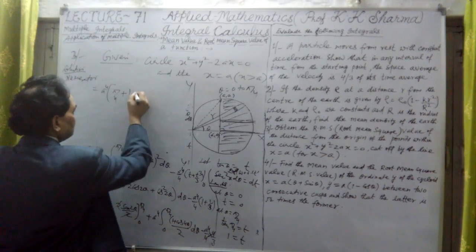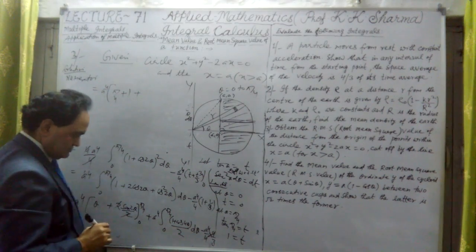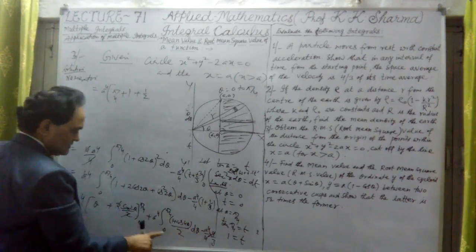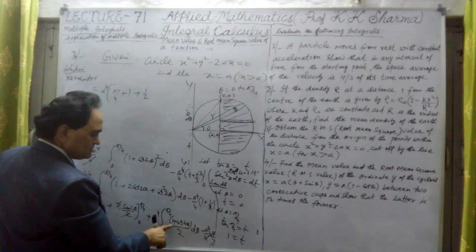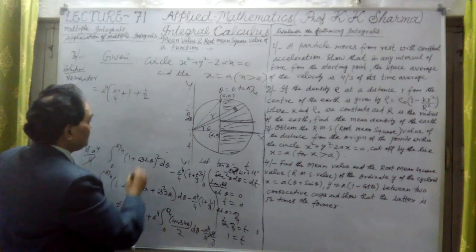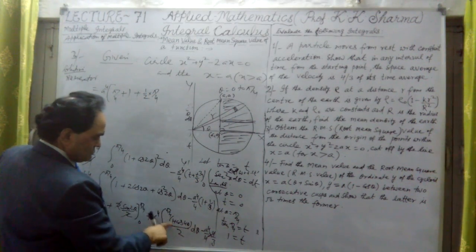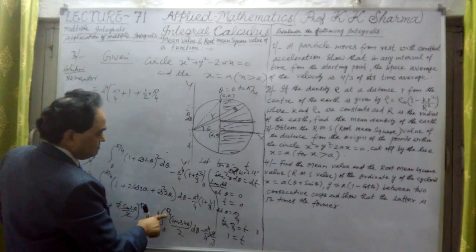Plus the second part. Let me take a^4 common outside. This one is 1 upon 2. Integration of 1 is theta, so that will give us pi by 4 here again, putting the upper limit pi by 4.